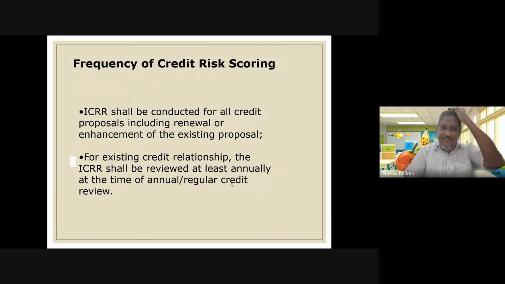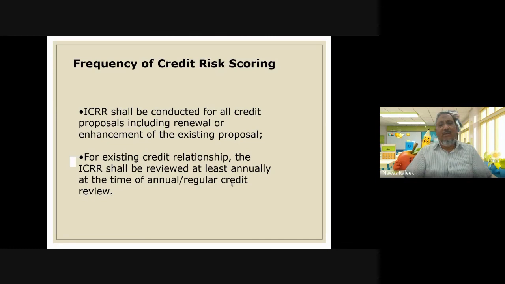Regarding the frequency of credit risk scoring, the ICRR shall be conducted for all credit proposals, including renewal or enhancement of existing proposals. It is suggested to do this internal rating for all facilities.